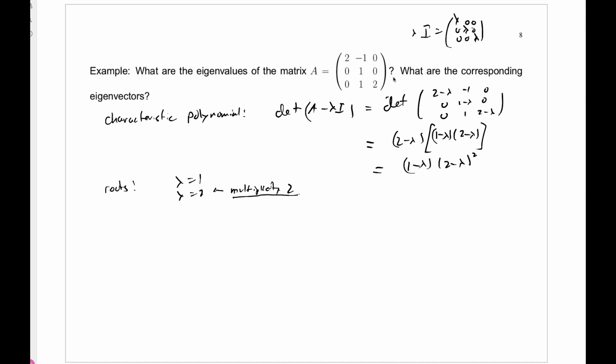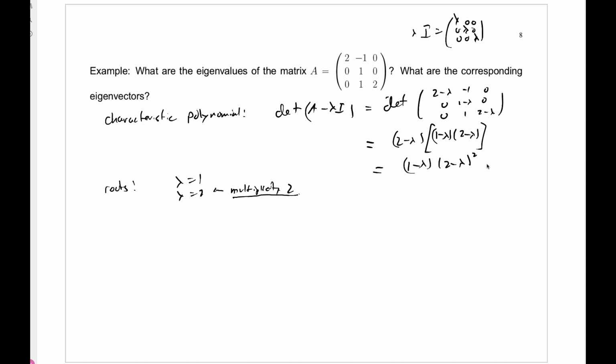If you had a much larger matrix and a much higher degree characteristic polynomial, you might have eigenvalues with multiplicity 3, 4, 5, or whatever. If you have an eigenvalue, for example, of multiplicity 5, you can have an eigenspace of dimension anywhere from 1 through 5.